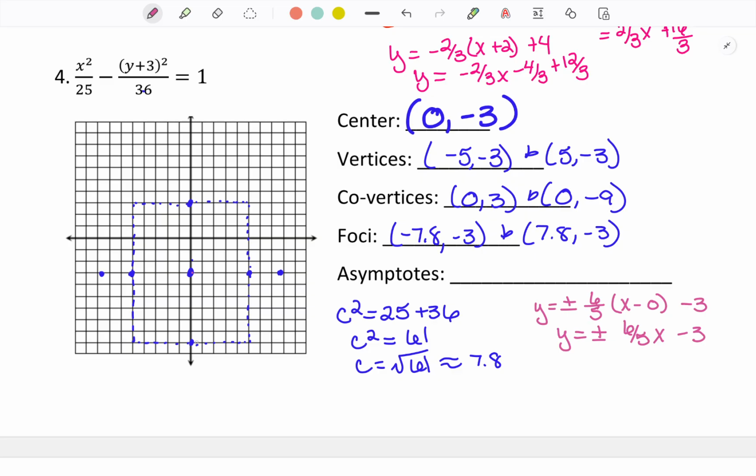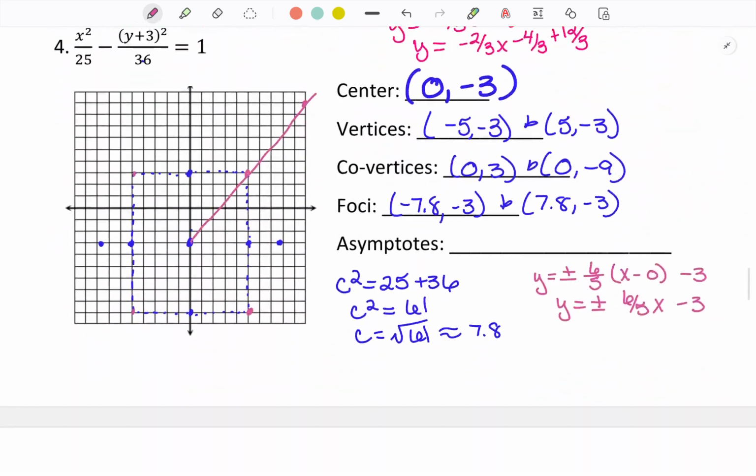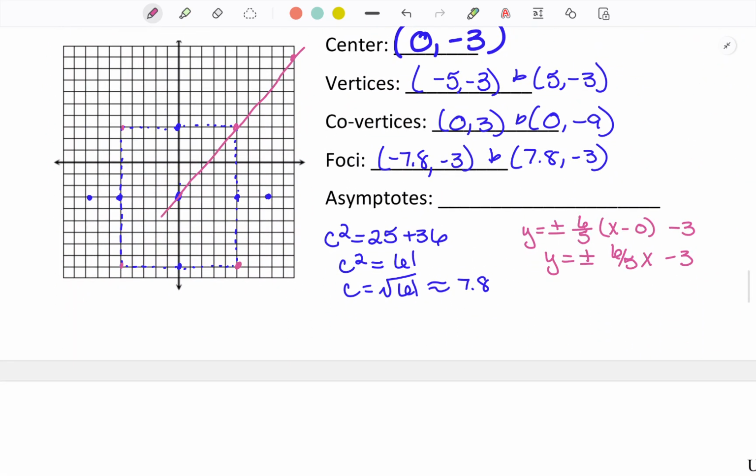So we're going to go down 6 over 5, up 6 over 5. Oops. And get those drawn in.